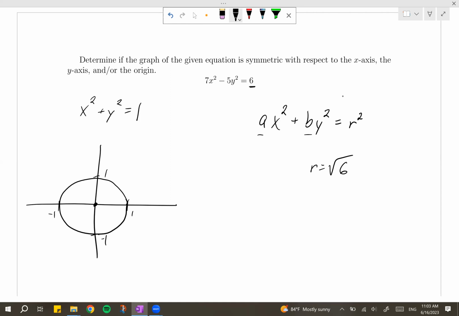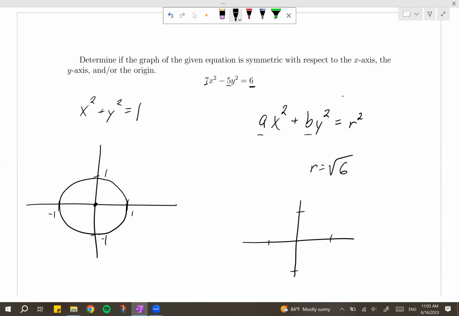So for this one, it would look something like our radius is square root of 6. No, it wouldn't be square root of 6. These numbers in front tell me that it's stretching. It wouldn't be a perfect circle. It would be more like an oval.